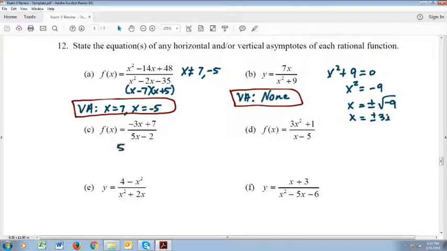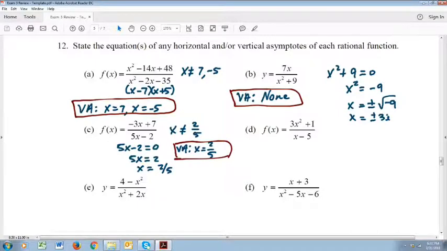On letter C, 5x minus 2, when you set that equal to 0, we'll add 2 to both sides and then divide by 5. So 2/5 is our restricted value, and again that's where we're going to have our vertical asymptote. On letter D, it's pretty easy to see that 5 is your restricted value, and so that's where we'll have a vertical asymptote.